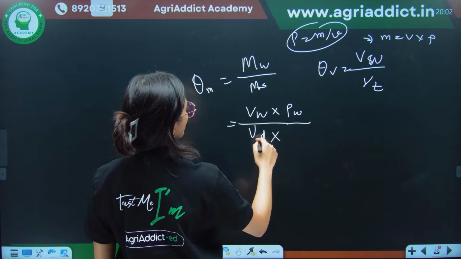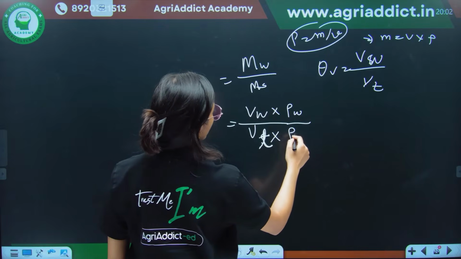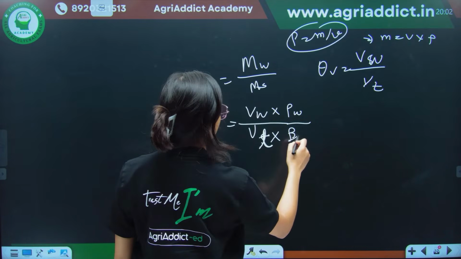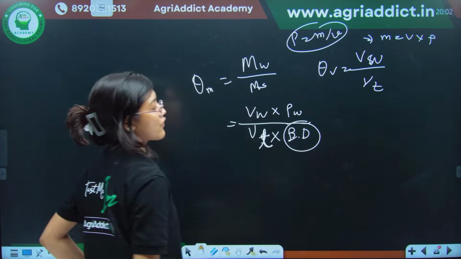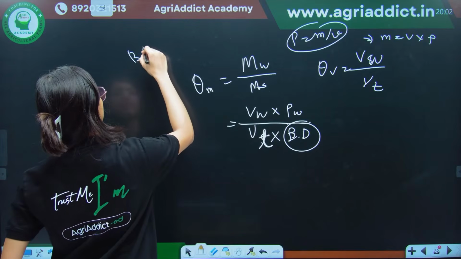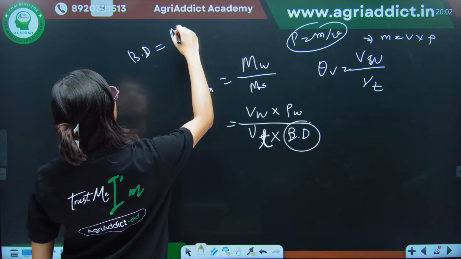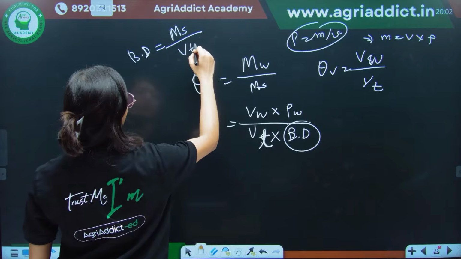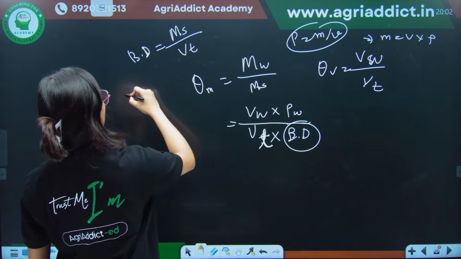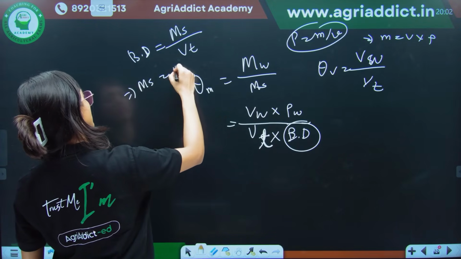If I consider the total volume Vt, then it will be the bulk density of your soil, because bulk density means mass of your soil solid divided by total volume of soil, and here we are considering mass of the soil solid. So, mass of the soil solid is Bd into Vt.